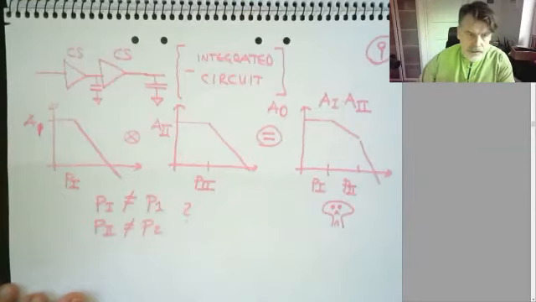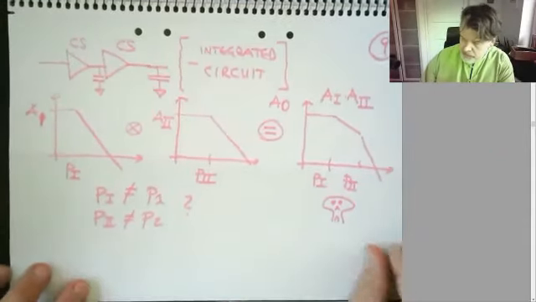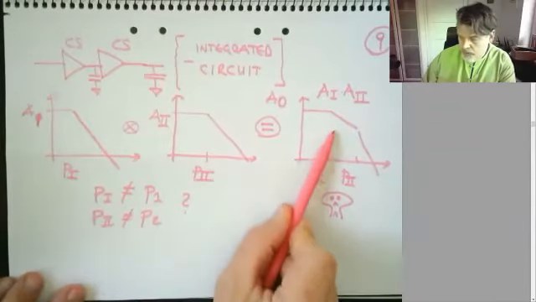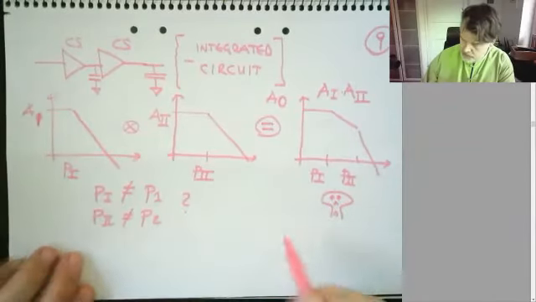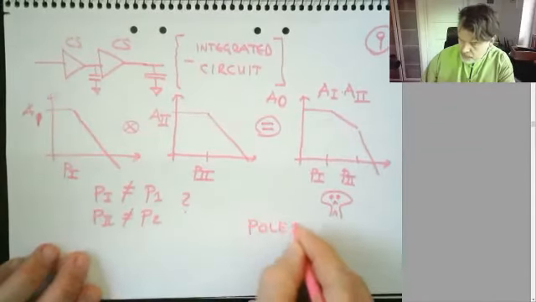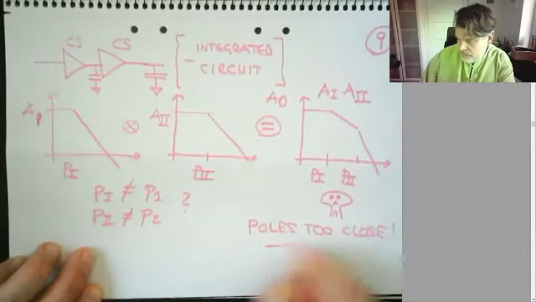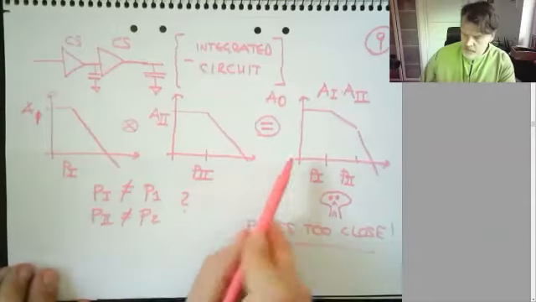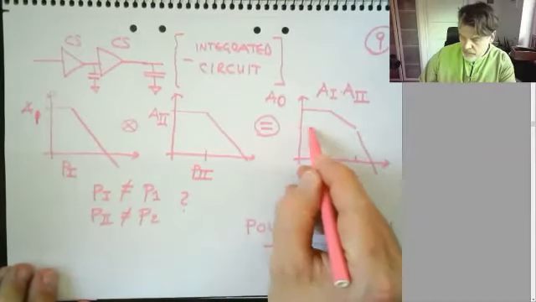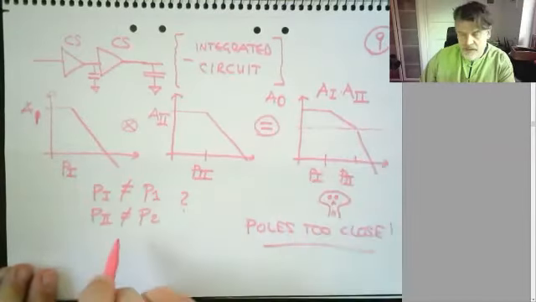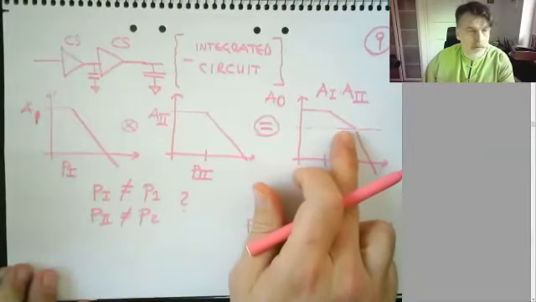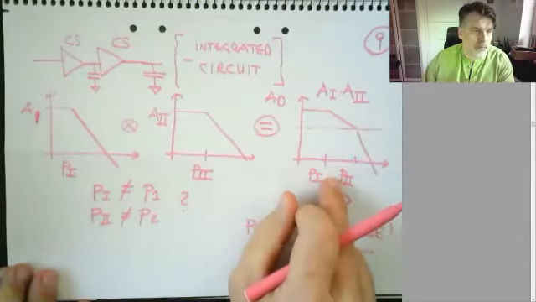So we have to dig into that further later down the road. But obviously we see the issue: poles too close, probably. Because, like I said before, we typically want the cutoff frequency to be close to this P2 pole.